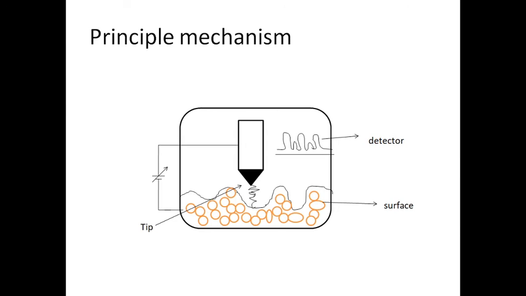See here, as the tip moves from one surface to another and scans the surface, we get a different graph, which can be detected by using a detector, and that is how the whole STEM process works.